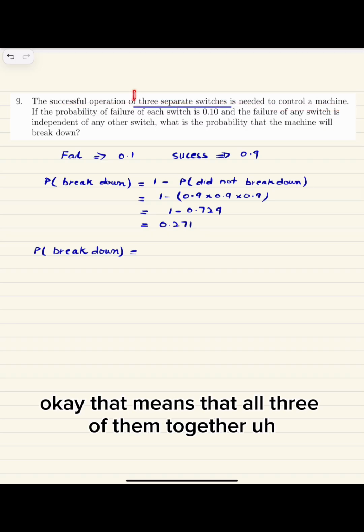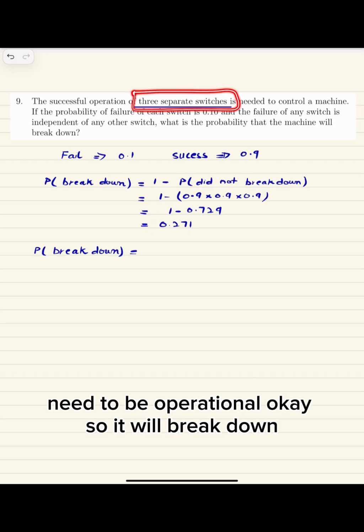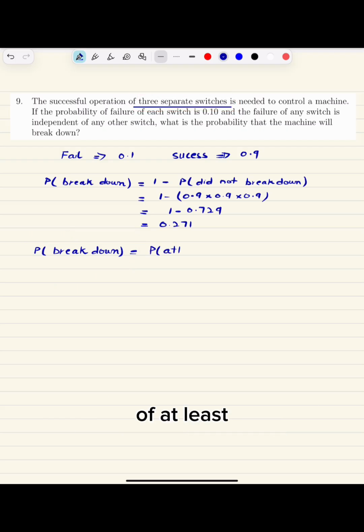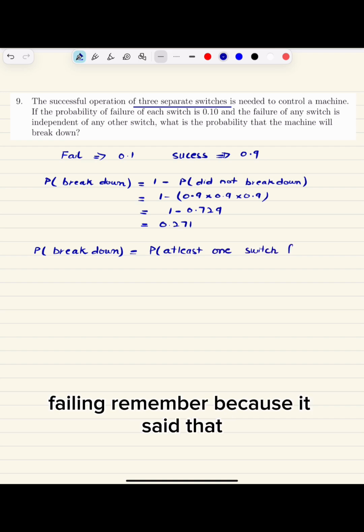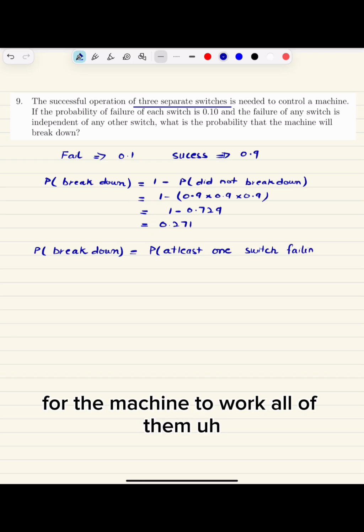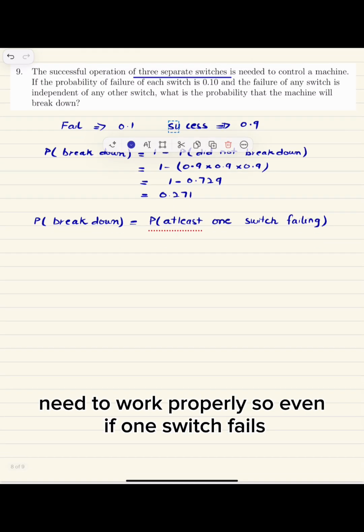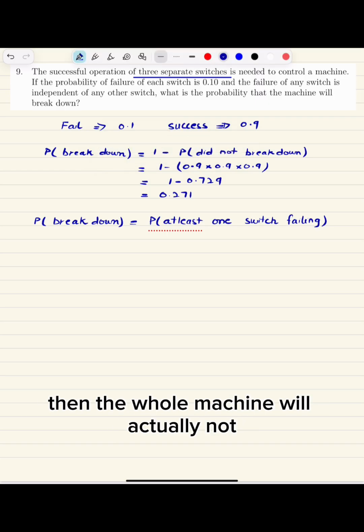That means that all 3 of them together need to be operational. So it will break down even if one switch breaks. So the probability of at least one switch failing. Remember, for the machine to work, all of them need to work properly. Even if one switch fails, the whole machine will not be able to work.